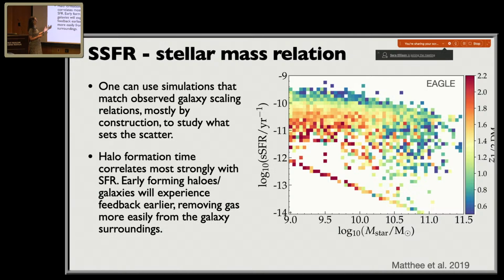And you can see that there's a strong correlation. The galaxies that are forming stars at the lowest star formation rates preferentially formed early, and the galaxies that are forming stars very efficiently primarily formed late, even though they have the same mass at the current time.